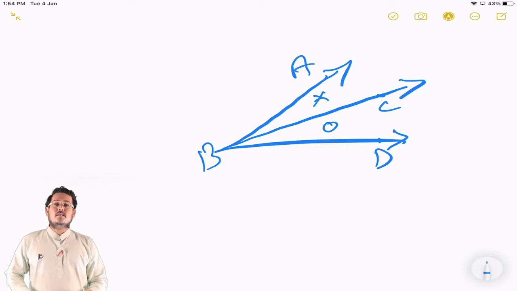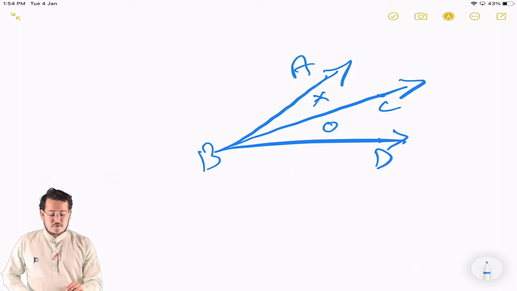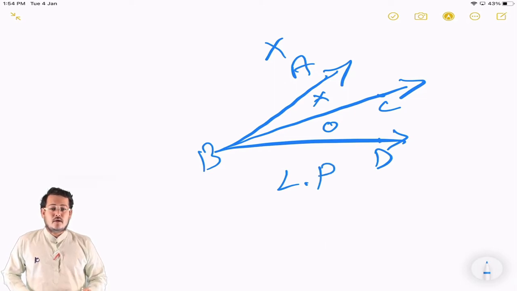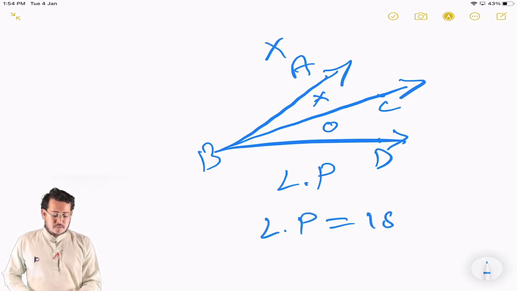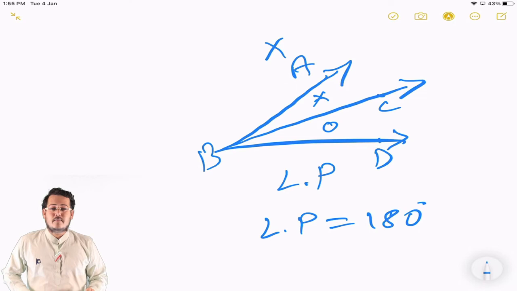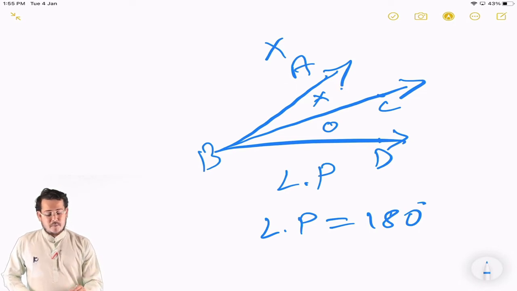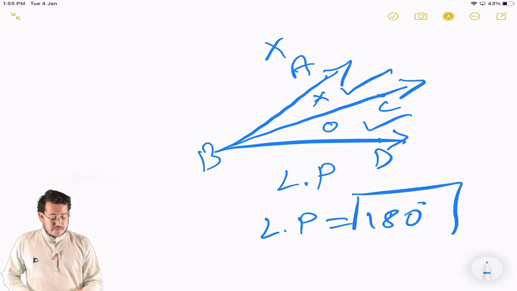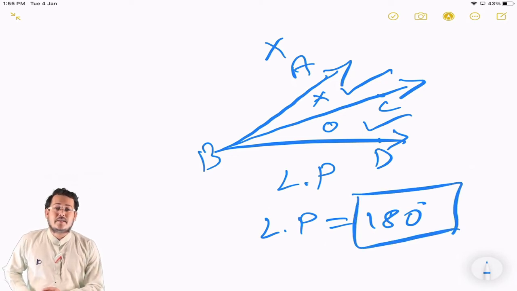So these two angles are said to be adjacent, but they are not a linear pair. Why? Because from the statement we have seen that the measurement of a linear pair should be 180, or supplementary. Means the addition of the upper angle and the lower angle both should be 180, not less than 180 and not greater than 180. It should be exactly 180. Then only I can say that both the angles form a linear pair.